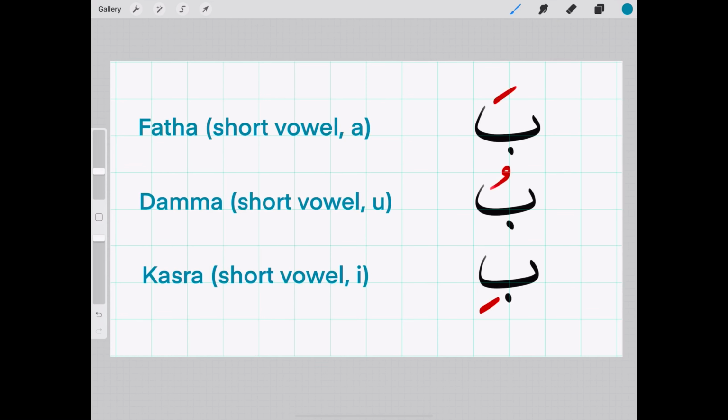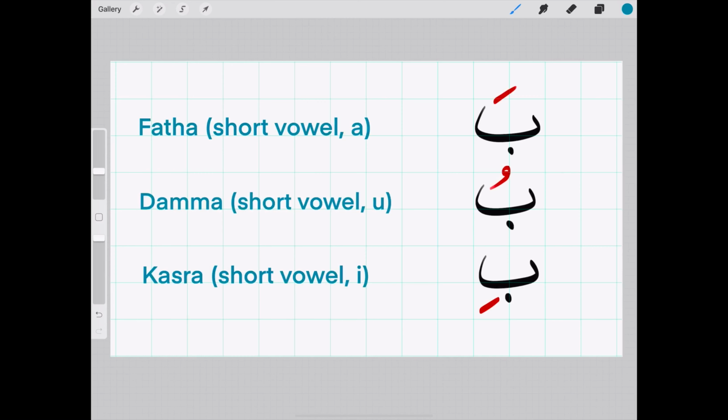If we put all these together on the first line, the short vowel fatha, which is a dash or a straight line on top of the letter, will make the pronunciation ba. The dhamma, which is the other short vowel on the second line, the ba letter would be pronounced as bu.